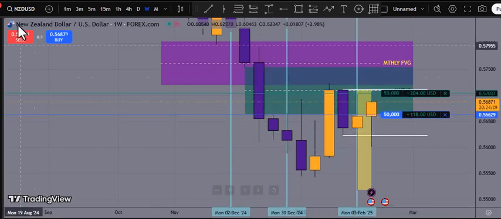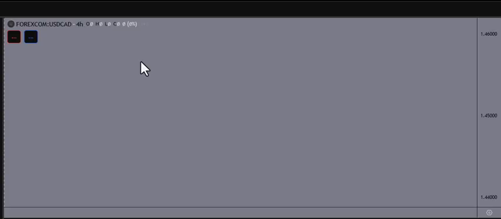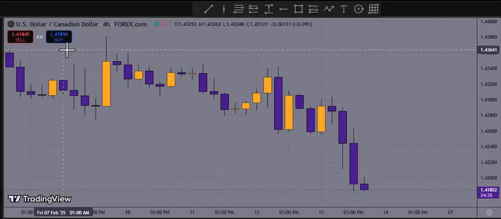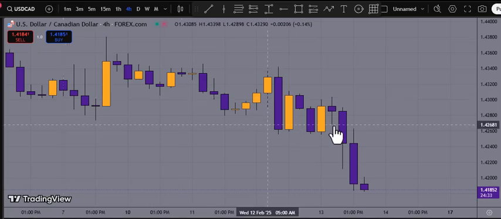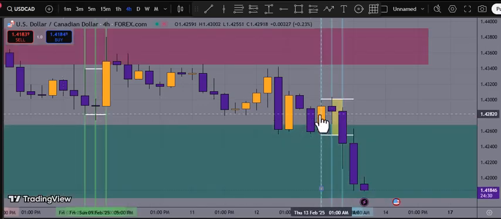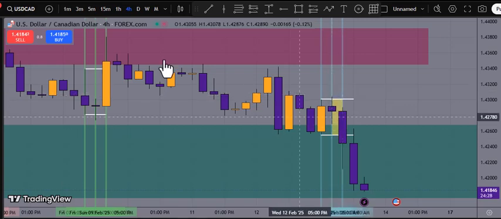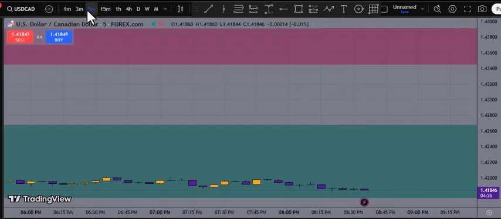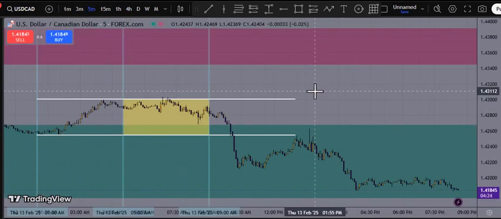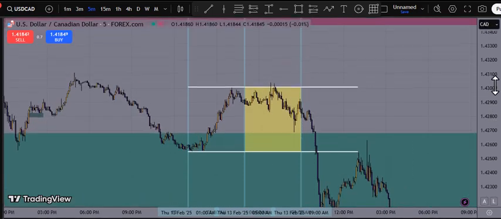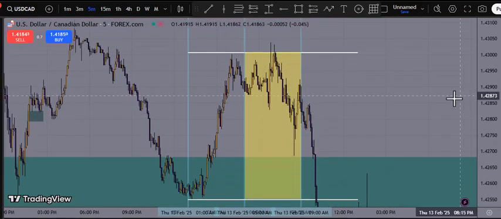Yeah, so here, to look at it, this is our reference bar, price rejects and then goes to the downside. So I'm going to the 5 minute chart. I've already marked it out. On the 5 minute chart, look at what it looks like.